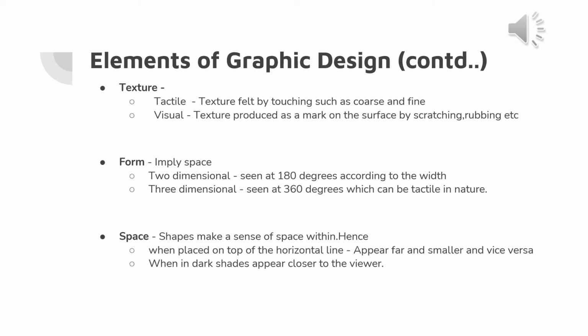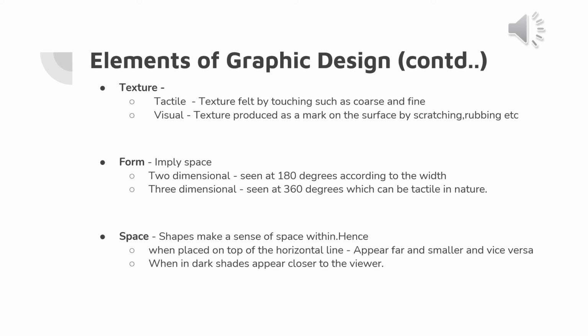Next element is the form or the forms. Now what are forms? You say it is a form of a body, it is a form of an animal. You kind of imply the space that that particular thing occupies. Now form is broadly classified into two types. One is the two-dimensional form and the next is the three-dimensional form.